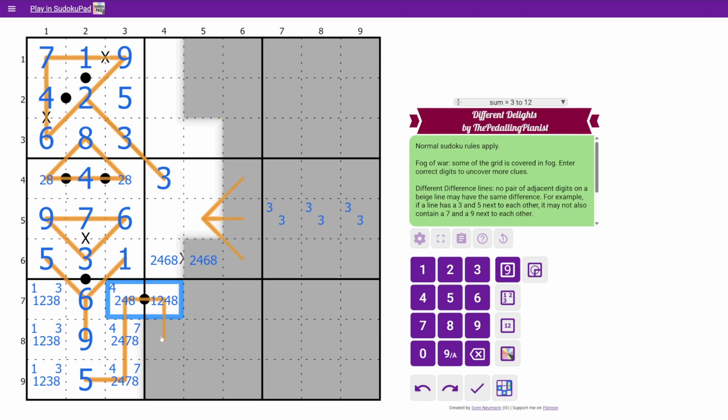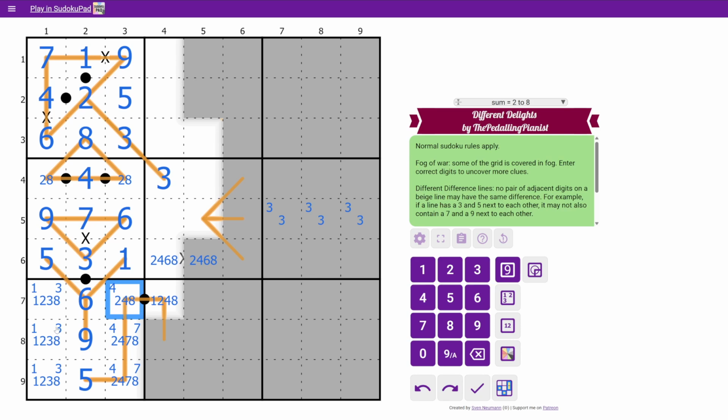So this would have to be a difference of 4 or 5. Let's try if this one was an 8. If this was an 8, this would be 4.